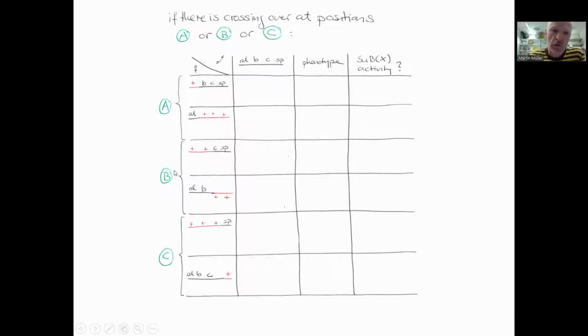In analogy for crossover at position B, crossover at position C. So in addition to the parental chromosomes, you get 6 additional egg types which represent the meiotic recombinants.